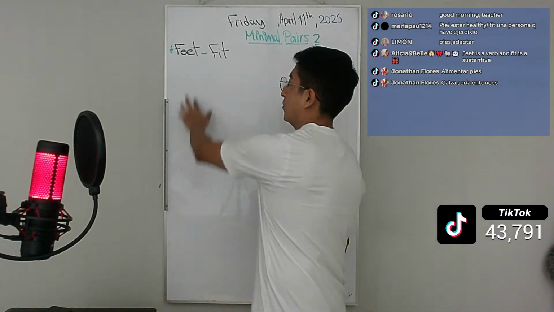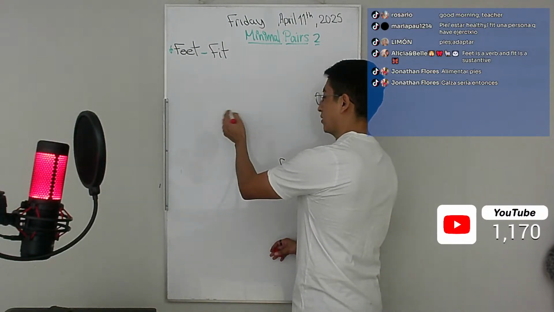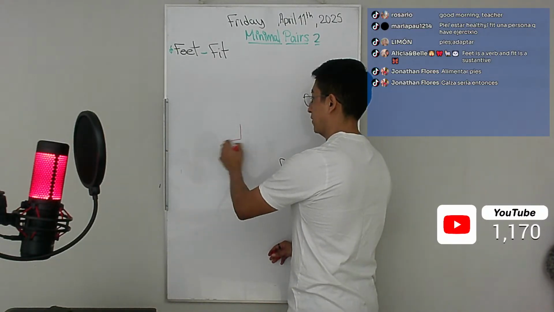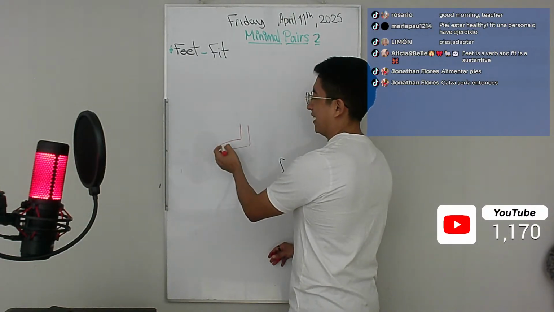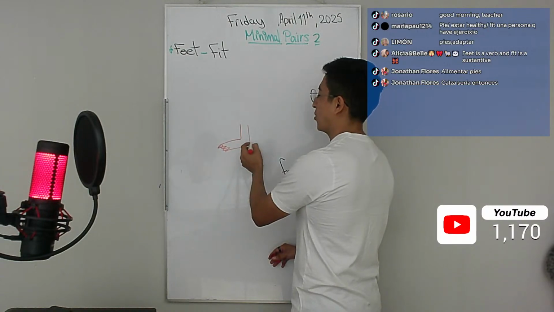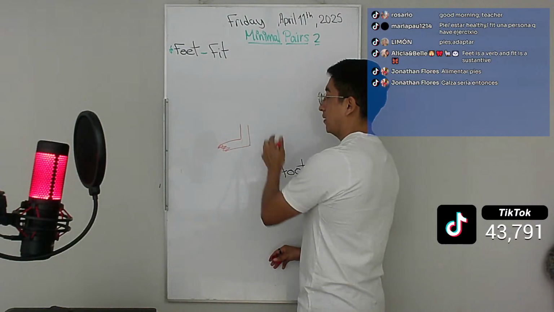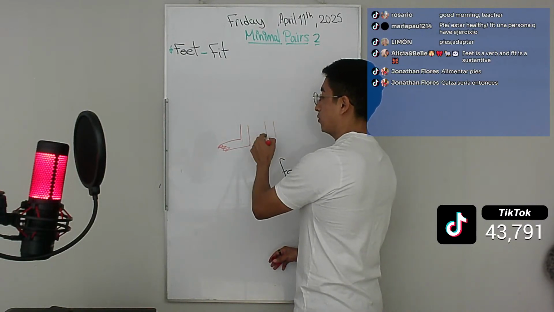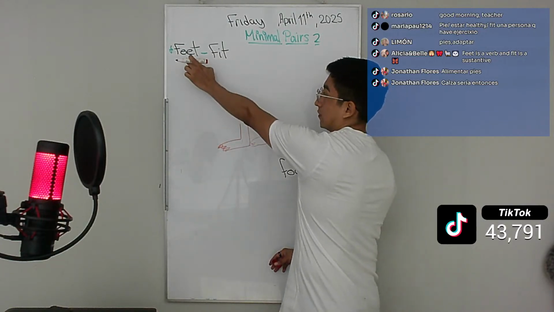Okay, feet now. It's a different part. Okay, we're talking about feet. This is the part that we're talking about. I'm not very good at drawing, but this is a foot. But if we're talking about plural, these are feet.